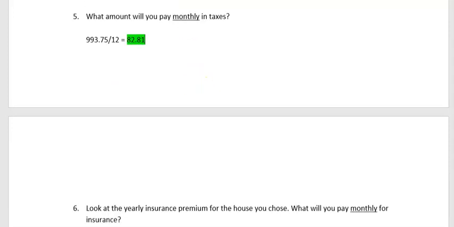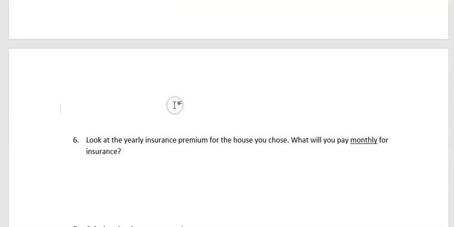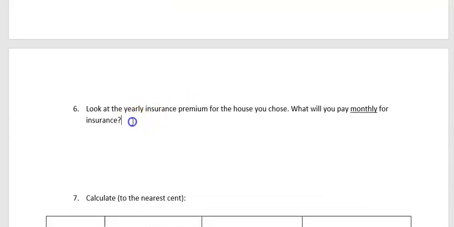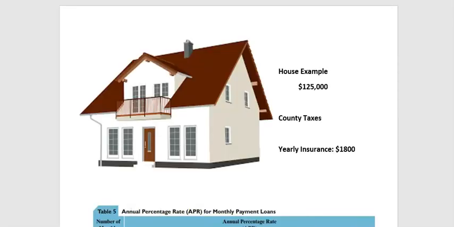Okay. All right, then we go to insurance, which is actually even easier because it should have given you the yearly insurance, right? In my example here, it said yearly insurance was $1,800.